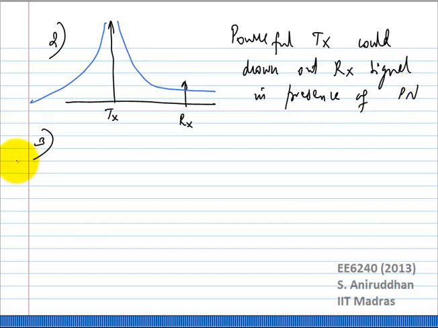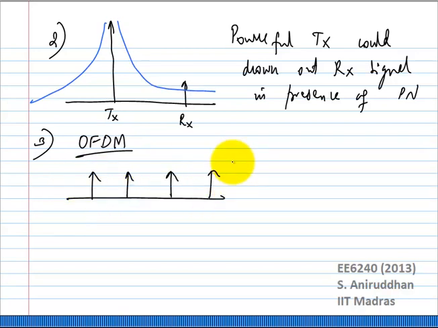What else? If you have some kind of modulation scheme where you depend on keeping certain frequency components separate. So obviously, with an ideal LO, you keep all the frequency components separate. The minute you have phase noise, they are all getting mixed up. For example, OFDM relies on the fact that you have a whole bunch of subcarriers which are very well separated, which are completely orthogonal.